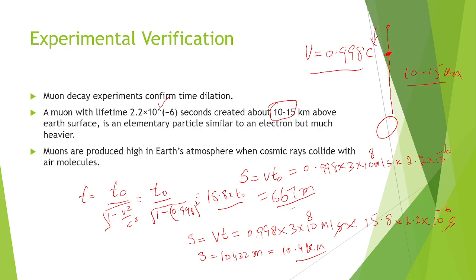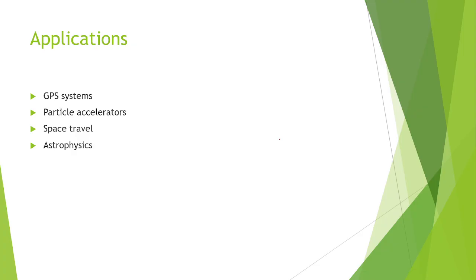So that is an experimental evidence for the time dilation for objects which move with velocity v comparable to the velocity of light. As for applications, there are many applications in the GPS system.